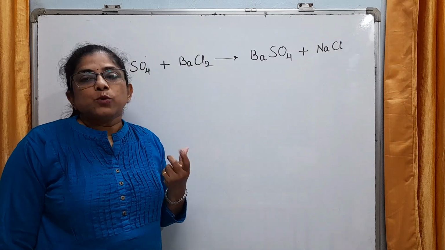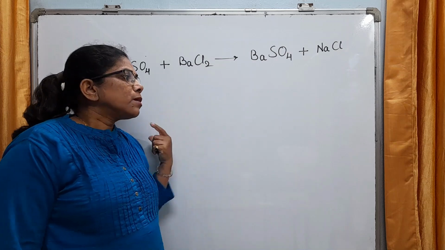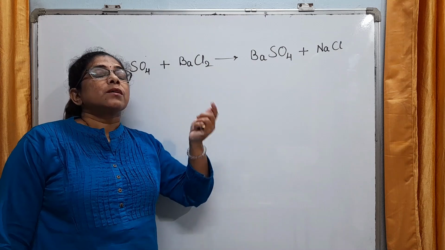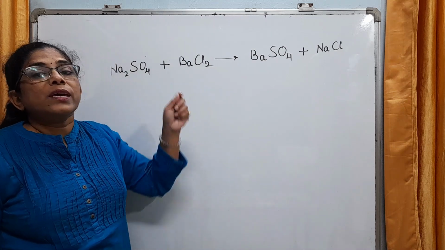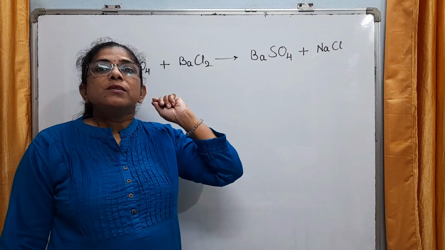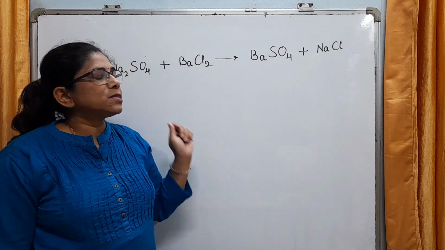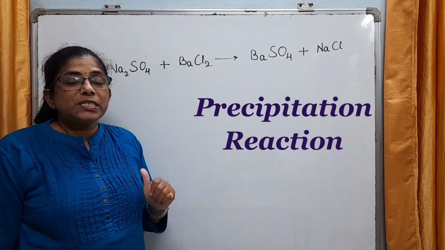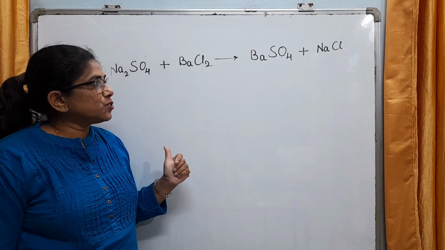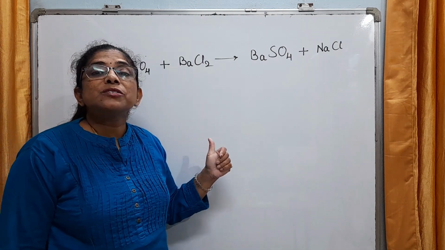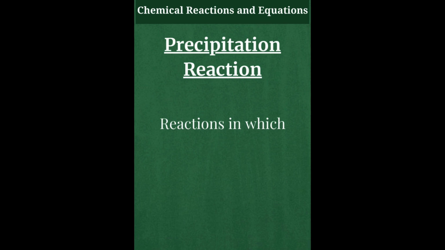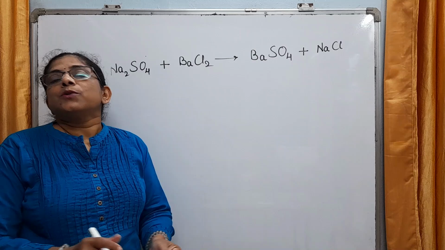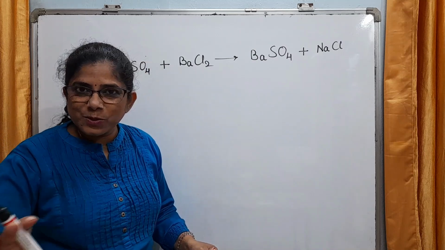Means, sometimes when the solutions combine with each other, the product we get is in the solution form itself. But sometimes there is formation of particles which we can see, visible particles. So such reactions are called as precipitation reactions. So the reactions in which the precipitate is formed, such reactions are called as precipitation reactions.